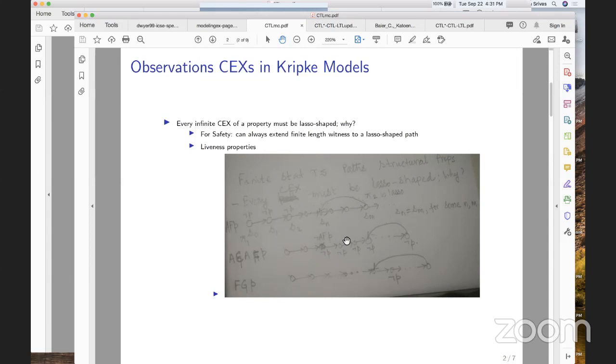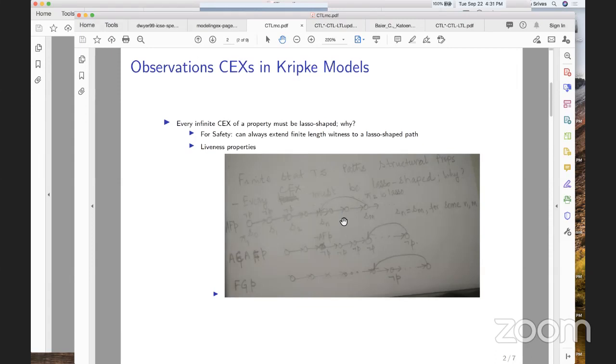What I've shown is that for every counterexample, you can construct a lasso, but this way of doing it may not be applicable to every counterexample.